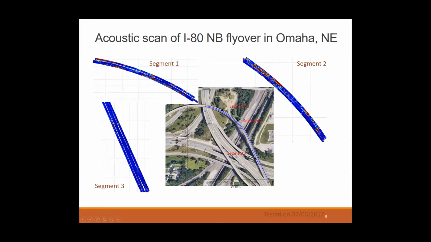This shows the results from this segment and the second segment, and this segment is in much better condition. The visual inspection also shows those two segments have a lot of patches and potholes. This project was completed in 2017, and we have applied this acoustic scanning system to many bridges.